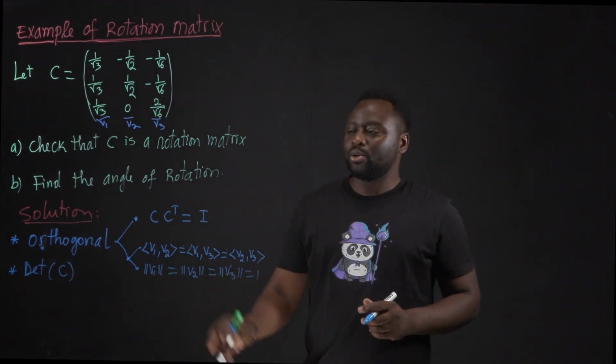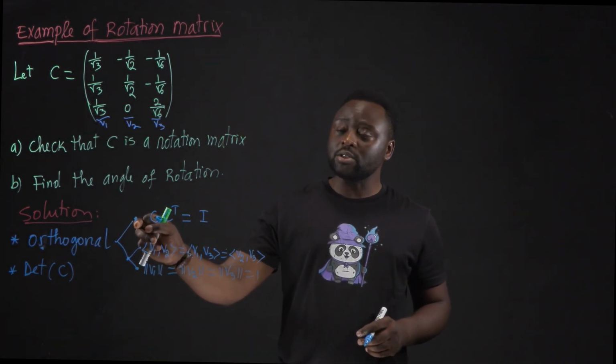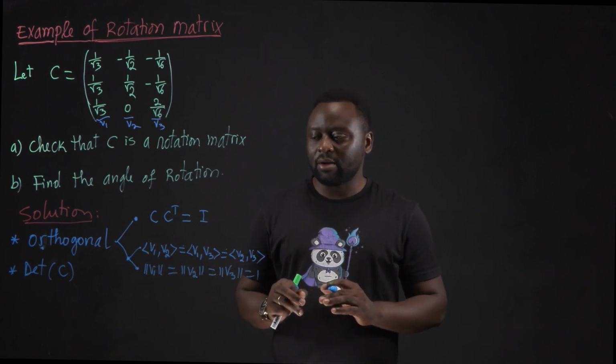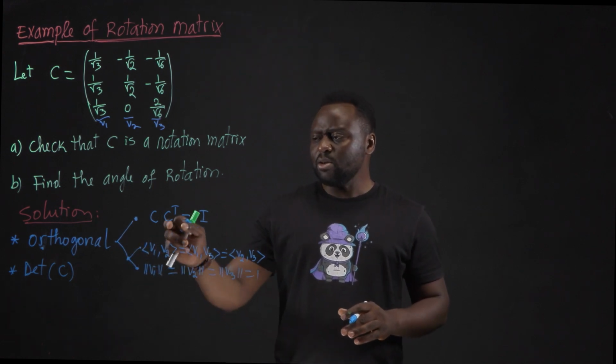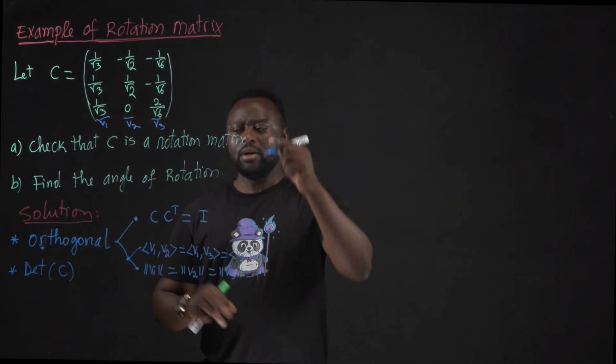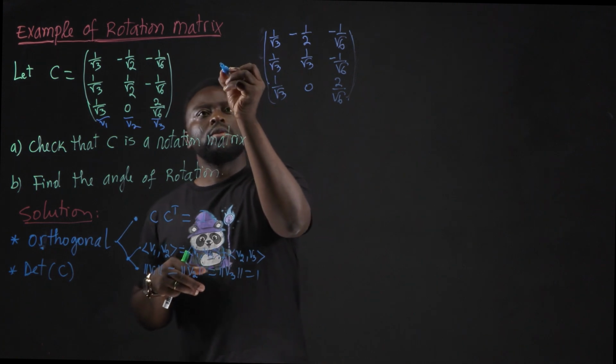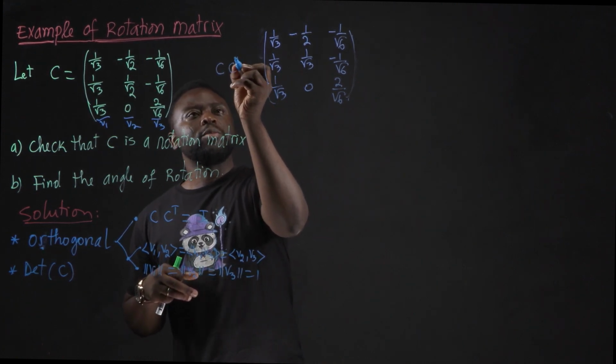All right, so either you choose the first option or the second option, there's no problem. They are very simple, okay? So let's look at this first. If you multiply C by the transpose, C times C transpose.